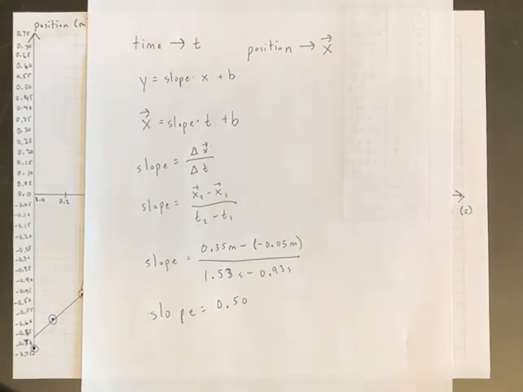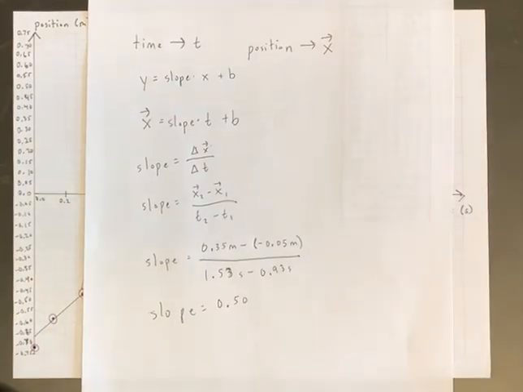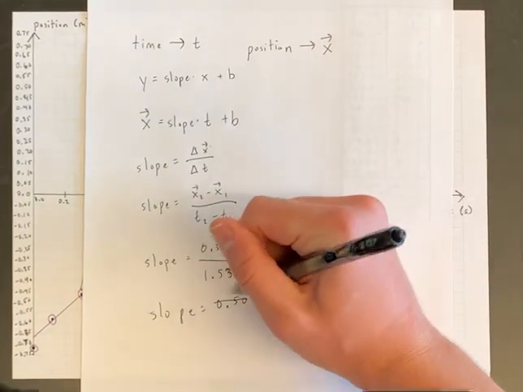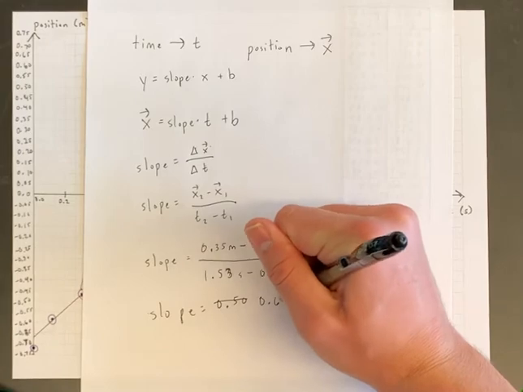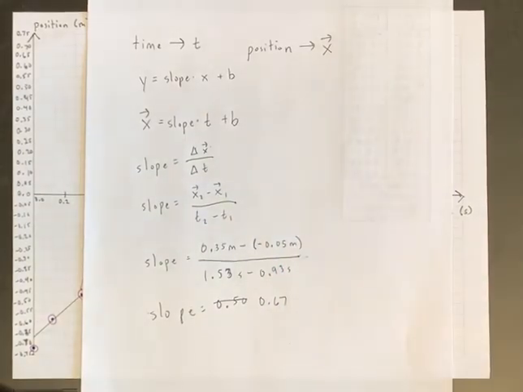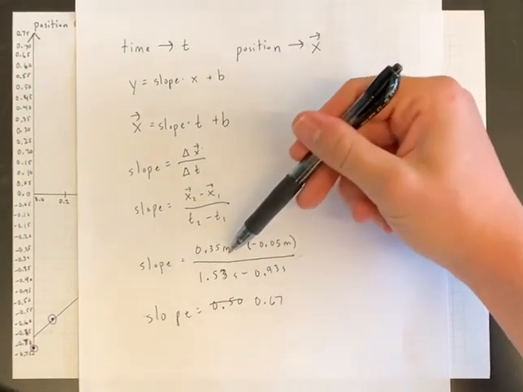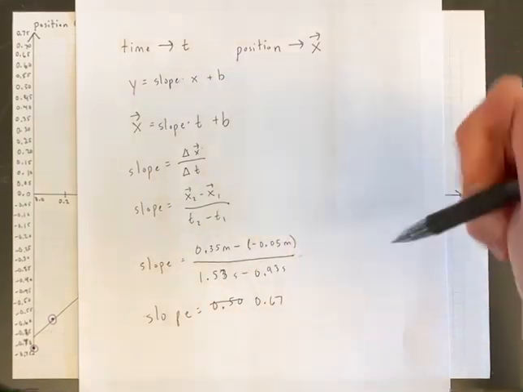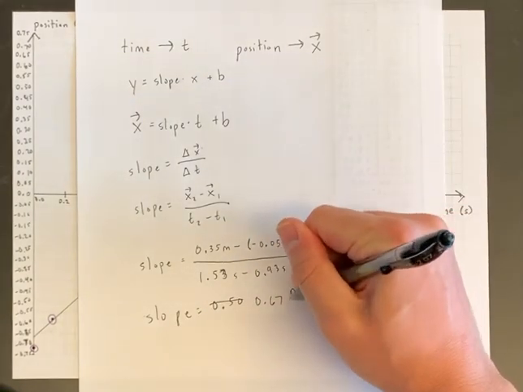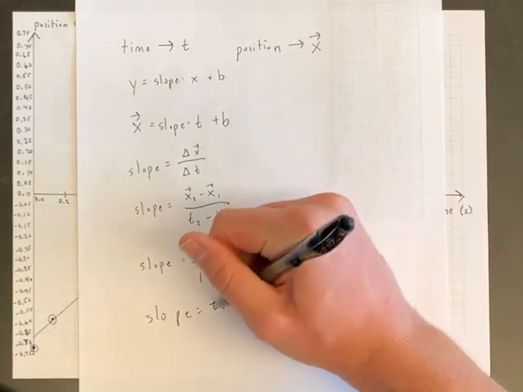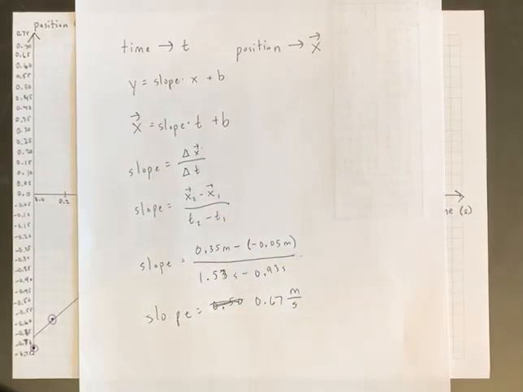It's crazy that I came out that clean, actually. Oh, that's because I typed something in wrong. 0.67 is what it actually comes out to be. That's my bad. And my units on that are meters in the numerator and seconds in the denominator. And so that is the slope value I have, 0.67 meters per second.